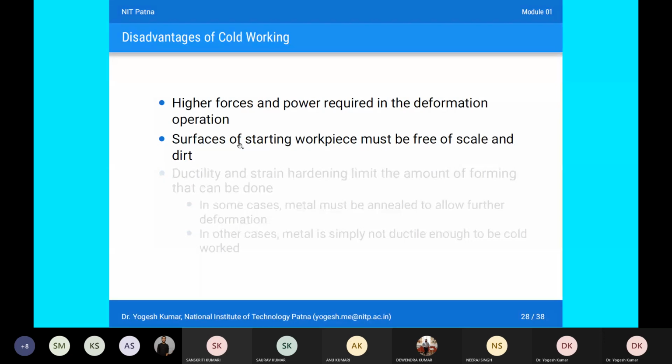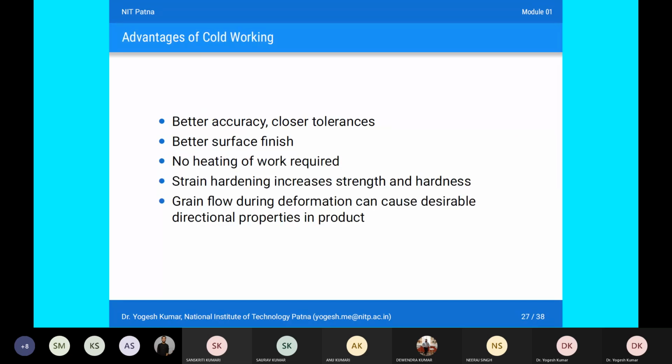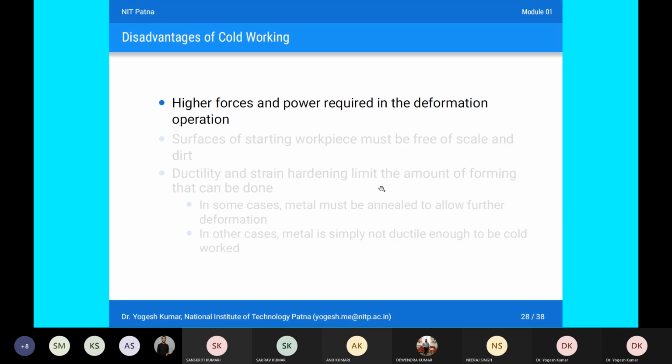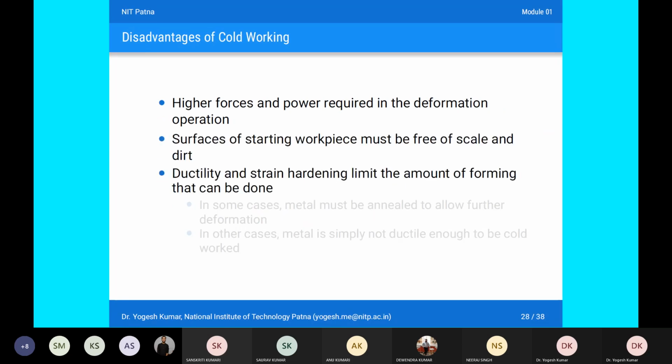Then next disadvantage in the case of cold working is that your ductility and strain hardening limit the amount of forming that can be done. Okay, so when we are forming your component by cold working, we are saying that strain hardening is increasing the strength and hardness of your final product.